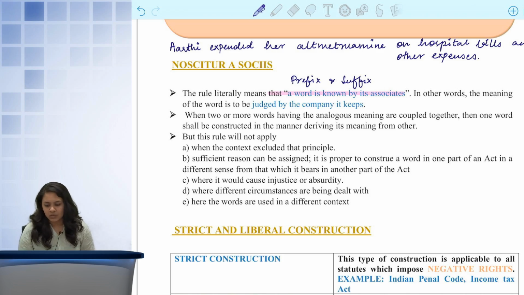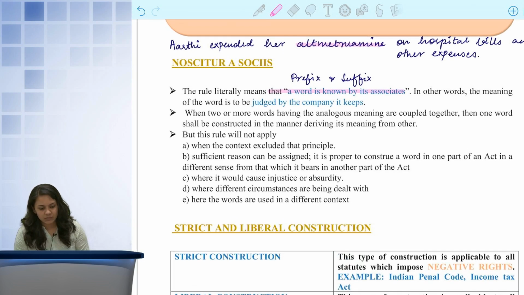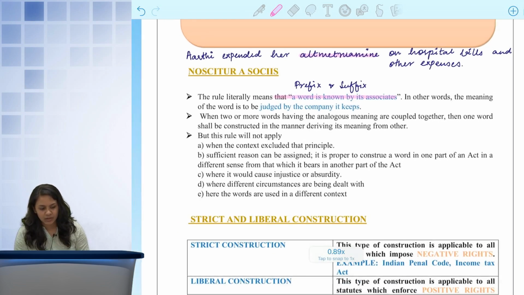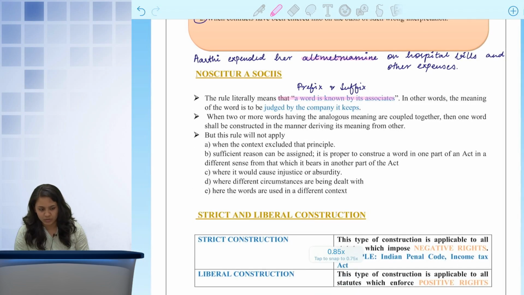The sentence that I am using over here is: Arti expended her altmetroamin on hospital bills and other expenses. Now my question is, what do you mean by this word altmetroamin? Just for a little bit of context, the word altmetroamin has been made up by me at the moment.